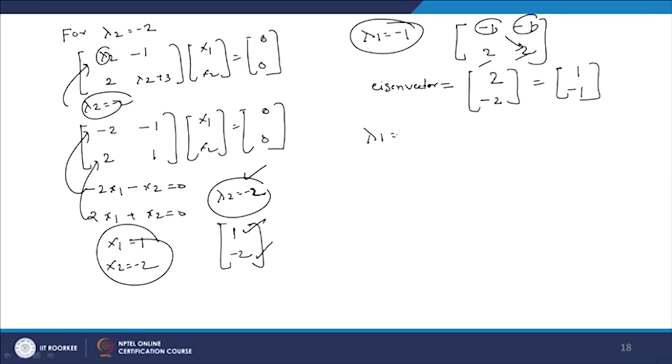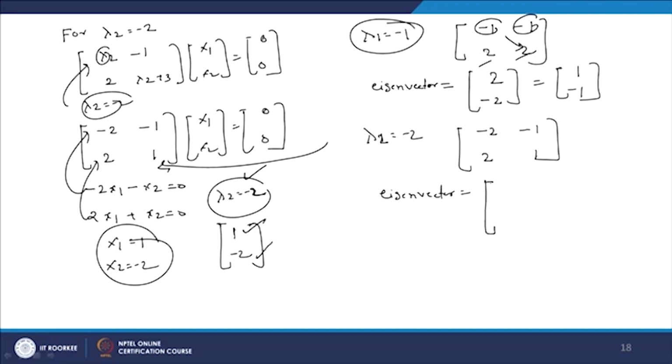Similarly when lambda 2 equals minus 2, what matrix have we got? We have got the matrix minus 2, minus 1, 2, 1. Now we want the eigenvector for this. So what we do, we have to take the principal minors.